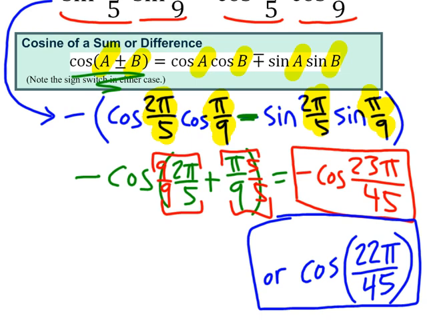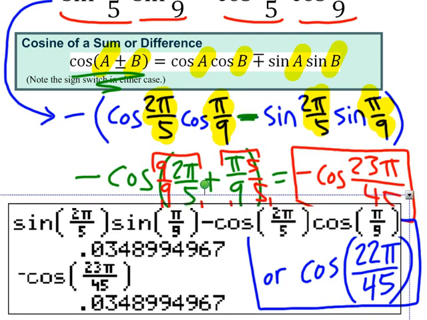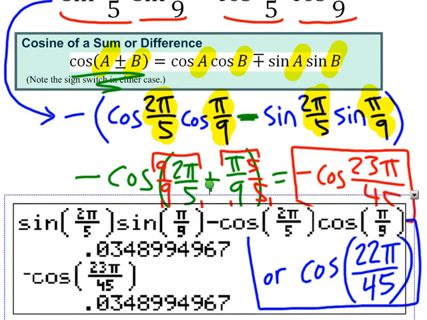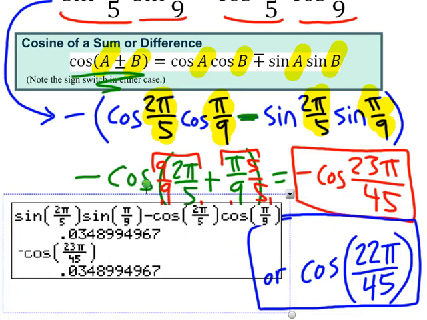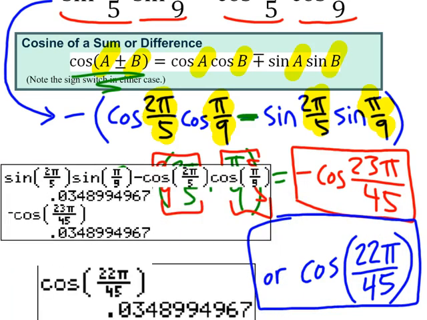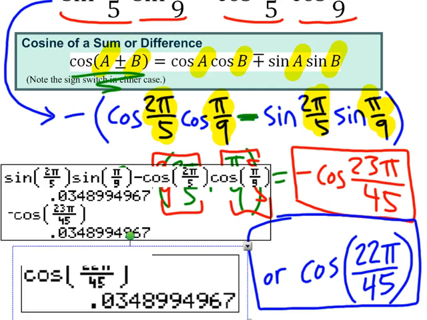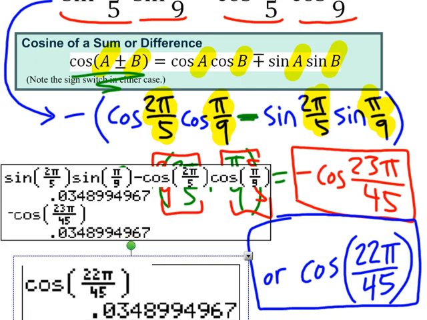But that's not your primary concern right now. Don't worry about that if you get a little bit lost there. But I just want to verify again that you put that all in a calculator and verify that you get the same thing. And if you had done the 22 pi over 45 thing, again, same thing. Okay? So time for you to give it a shot.